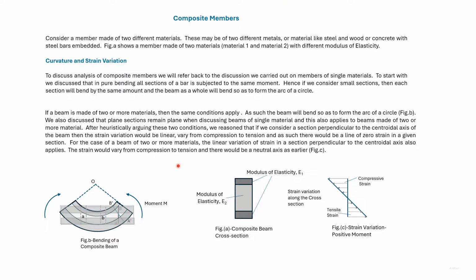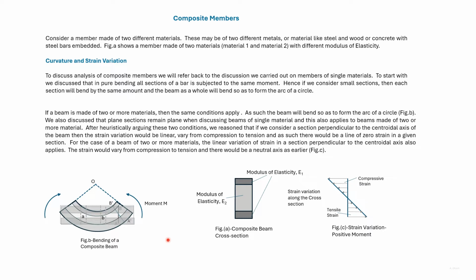We also discussed that in beams made of single materials, a transverse plane in the beam after application of the moment remains plane. The same can be argued for a composite beam. So a straight line AB in this diagram will remain straight after application of the moment.